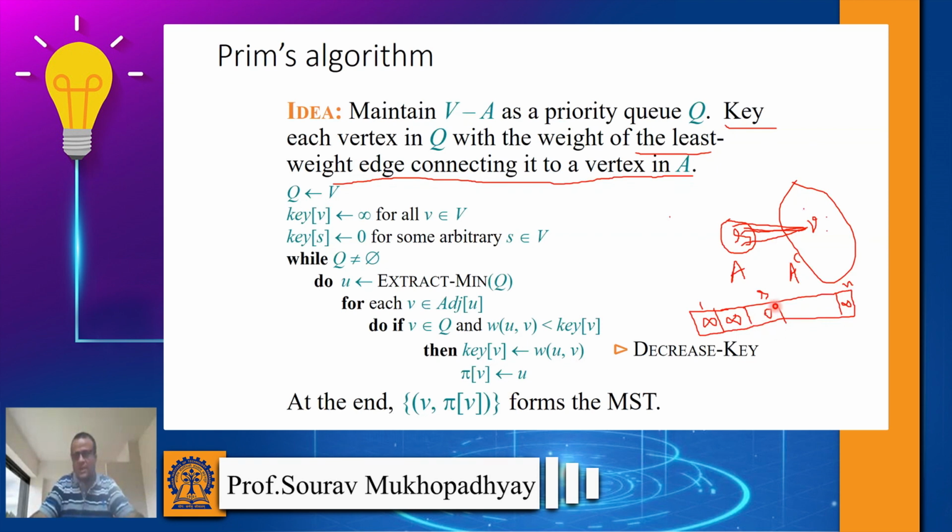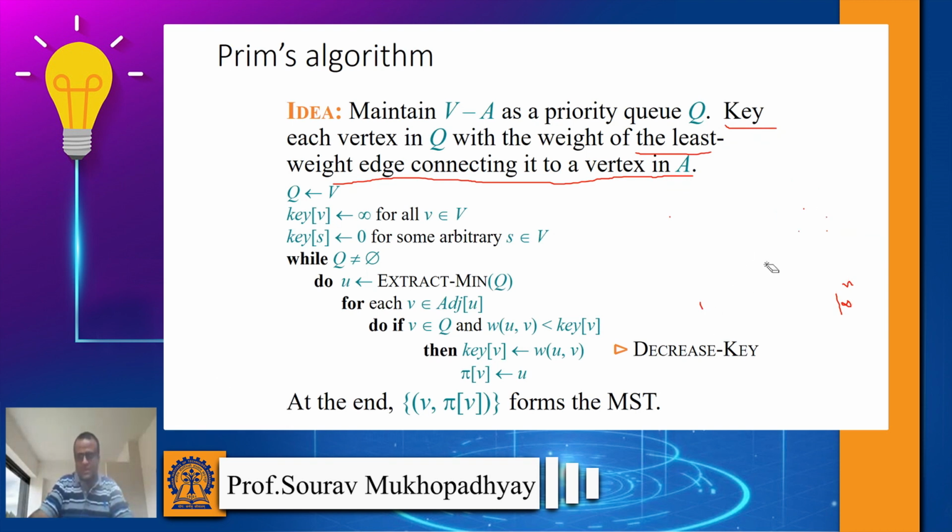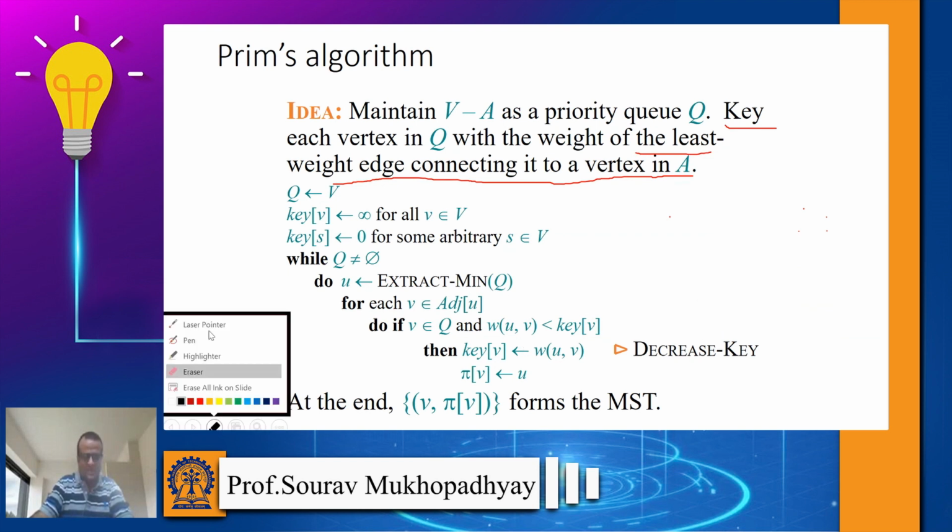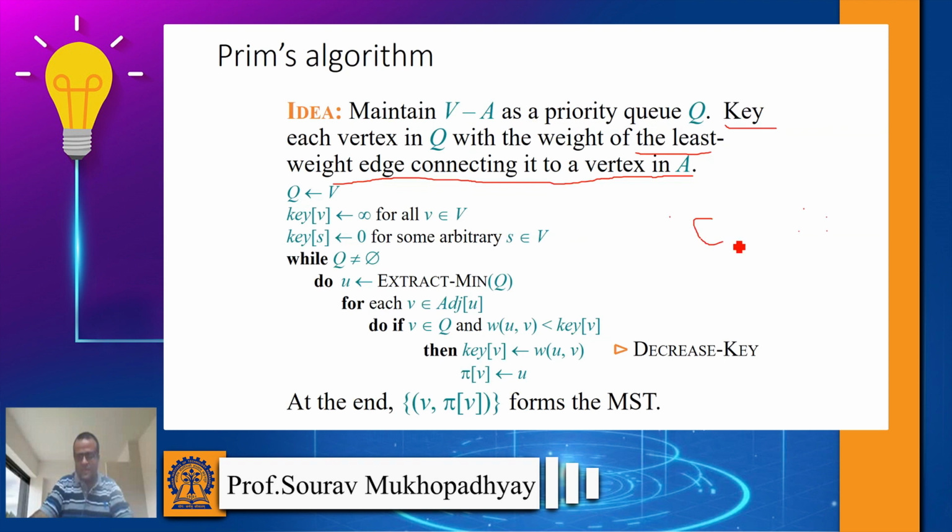In the first step, S will be extracted. Extract means we delete it from the set Q and put it in A, the set of vertices we have covered. So here is the set A, and here is the set Q. Initially everything is in Q; Q is basically the complement. In the first step, the minimum one is S.